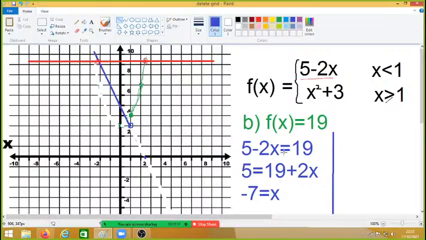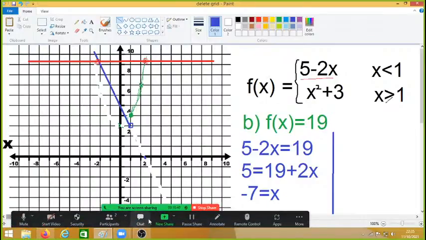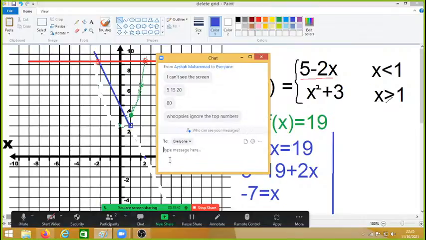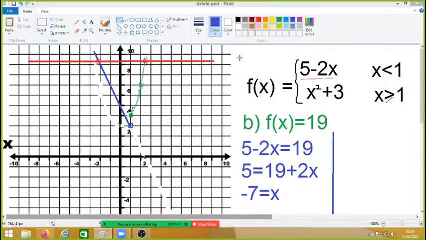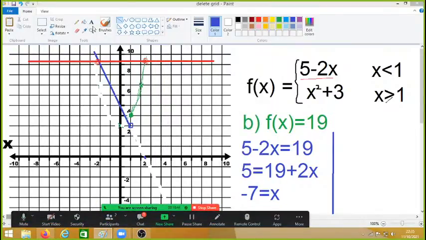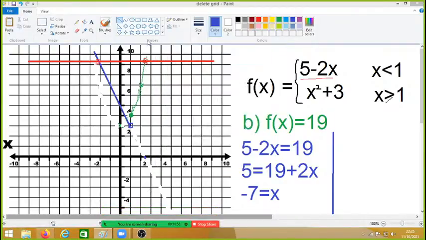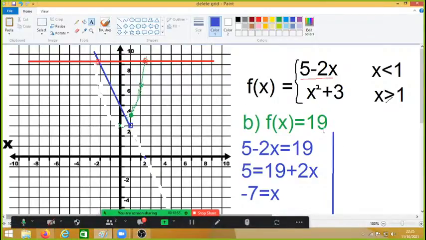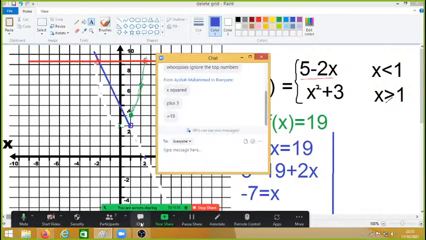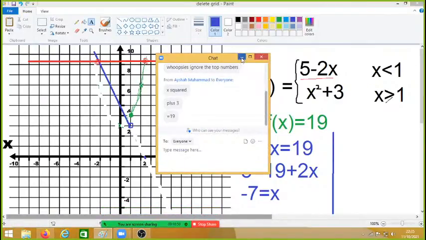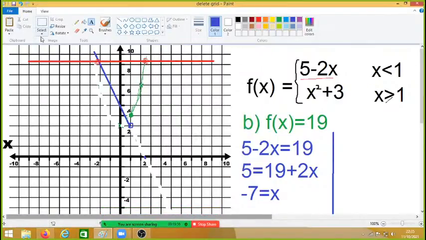Pretty much the same as the first one, but you're starting with the second function. Okay, nothing yet. So this one would be x squared plus 3 equals, we need to finish it off. X squared plus 3 equals what? Okay, good. X squared plus 3 equals 19 is perfect.